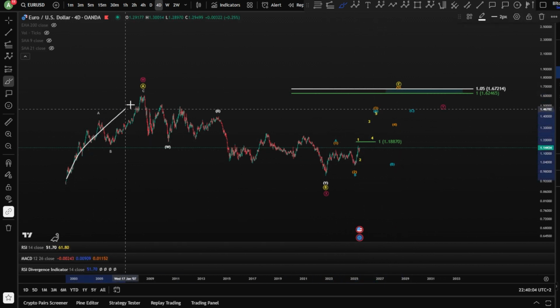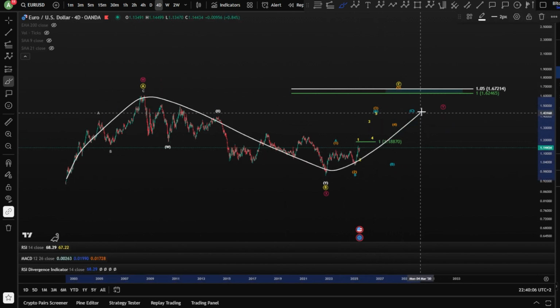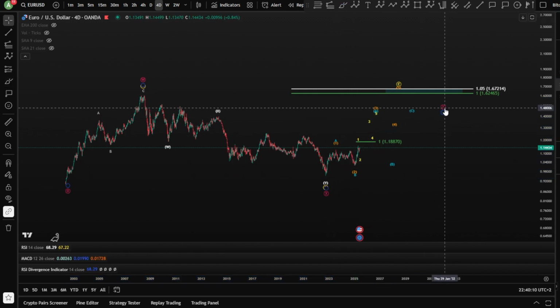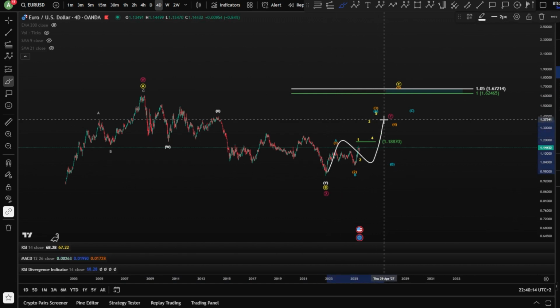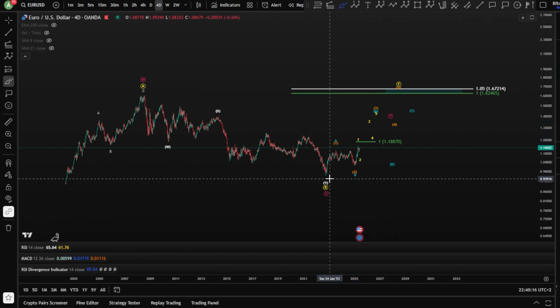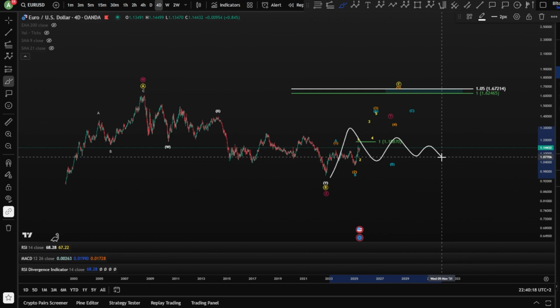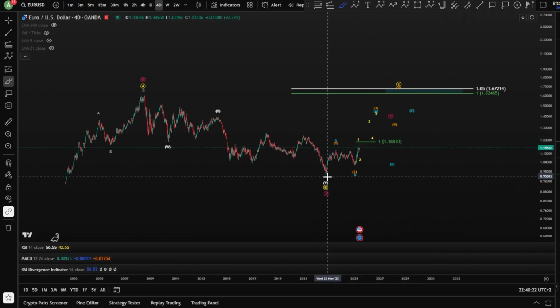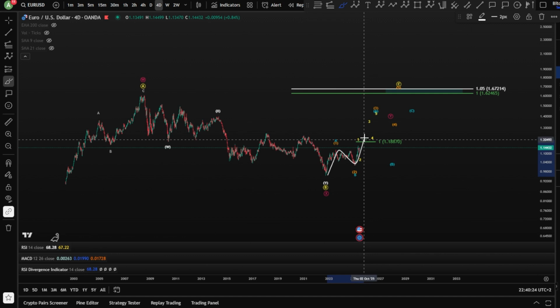The second option, where you have a W, X, and a Y, the wave Y can be different things. It can be a zigzag, it can be a flat, or it can even be a triangle. In this scenario, since we have started with an impulse, there is a higher possibility right now that you are unfolding at least an impulse toward the upside, wave C, as the first and highest possibility.